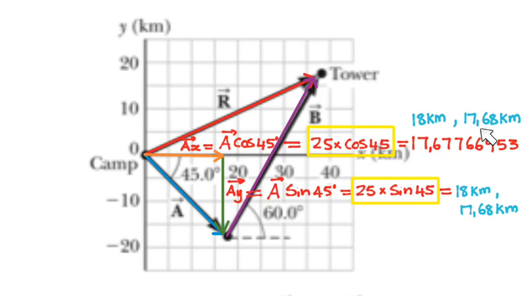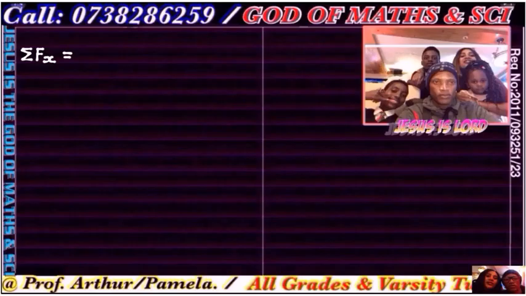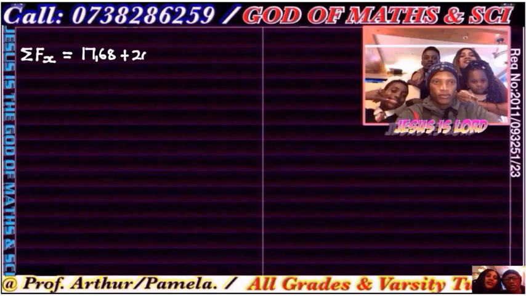I'm going to take 17,68 and add it with the 20, and then add them together. What do we get? Is it 37,68 kilometers? We good, right?